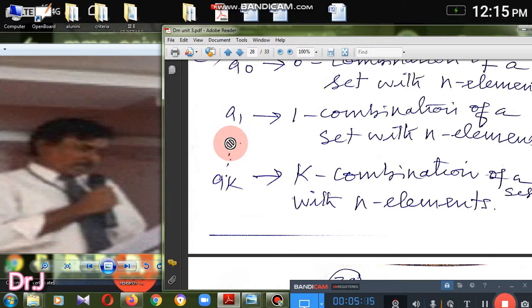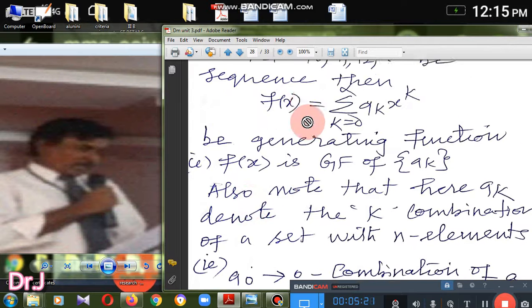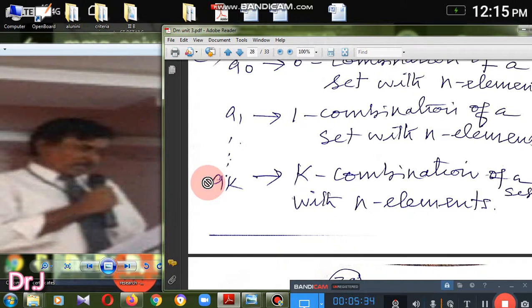Very wonderful, is that not? So there is a connection between the coefficient of x power k in the sequence and the number of combinations out of n elements. Similarly, Ak denotes the k combination of n elements. Suppose k is 5. Out of n elements, we are taking 5, 5, 5 elements.